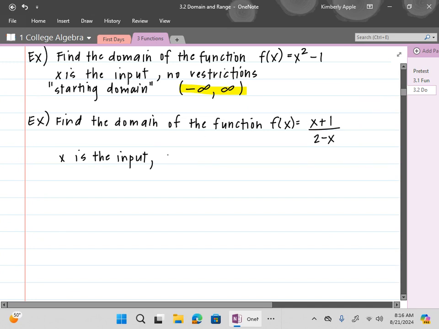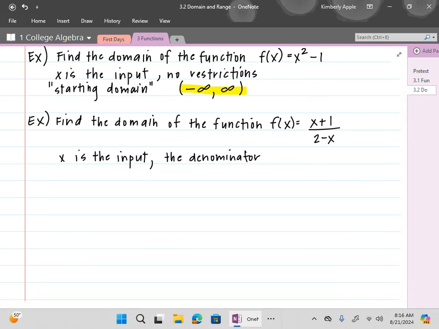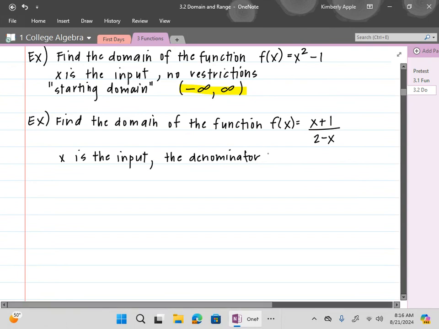So the denominator cannot be 0. Remember, in a rational function, we cannot divide by 0. That's undefined. And so we have to remove those values from the domain because I cannot plug in any number that will make that denominator 0.